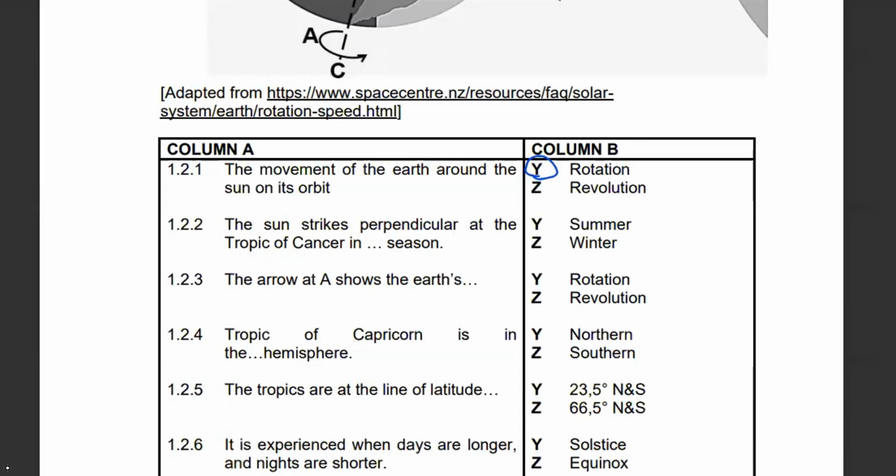The Sun strikes perpendicular at the Tropic of Cancer in which season? Tropic of Cancer. We know that our Tropic of Cancer is in the Northern Hemisphere. So for us in the Southern Hemisphere, we'll be in winter.